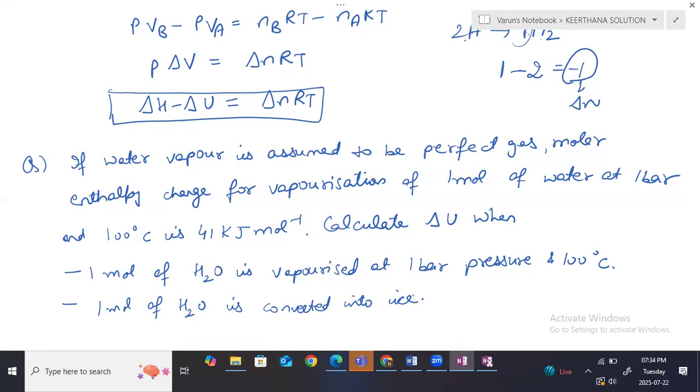Is the first question clear to you, how to do that one? Yes, ma'am. Tell me the delta n for the second case, because the process is the same, only the delta n will vary.